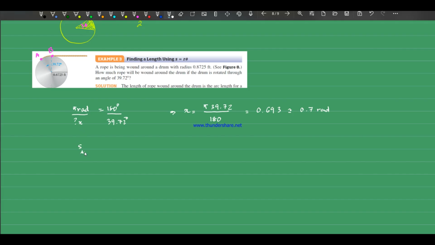The arc length will be S equal to theta R. So it will be 0.7 times R, where R is 0.875. That gives you about 0.6485, so about 0.65. And don't forget the unit will be in feet.